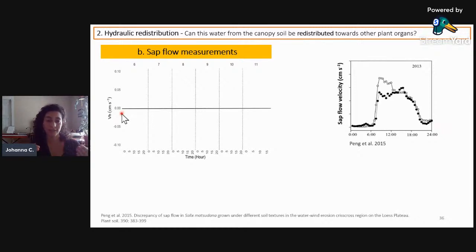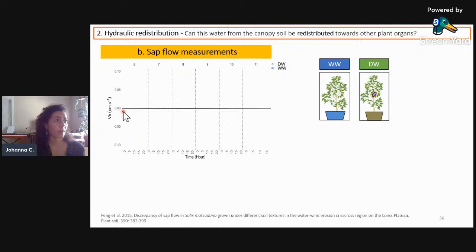Everything above the 0 line will be normal sap flow. Everything below that 0 line will be reversal flow. And again, just remember, WW will be the well-watered plants that are controls, and then we have the plants with canopy soil. I'm going to show you first the plants with canopy soil.